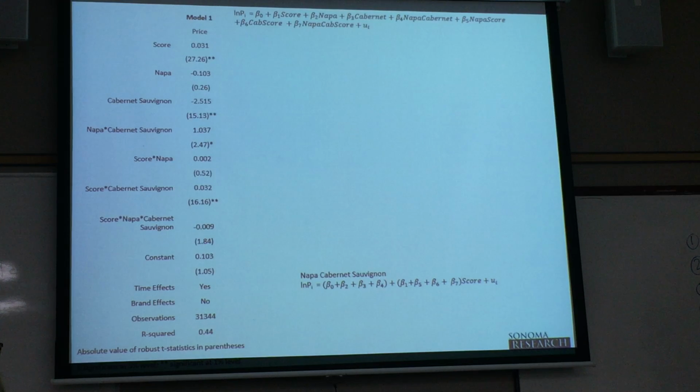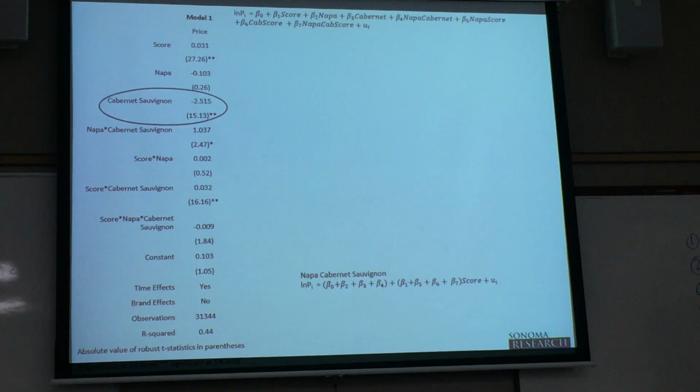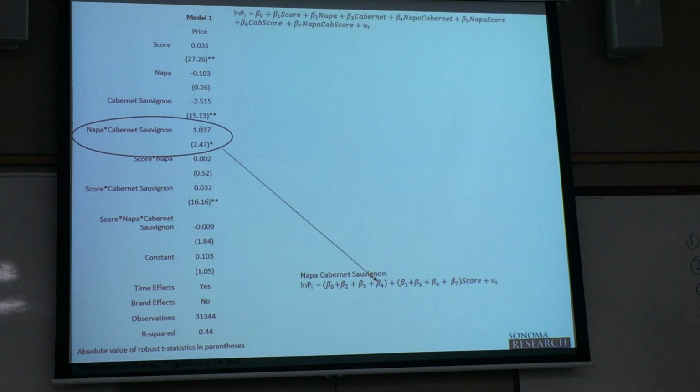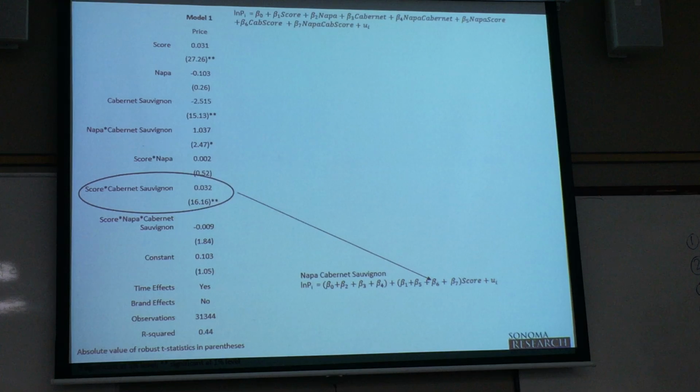Let's look at Napa Cab. That's our big fat equation there. So there's our Napa dummy. There's our cab dummy. There's our Napa Cab dummy, because we have a Napa Cab. There's our Napa score interaction. There's our cab score interaction.